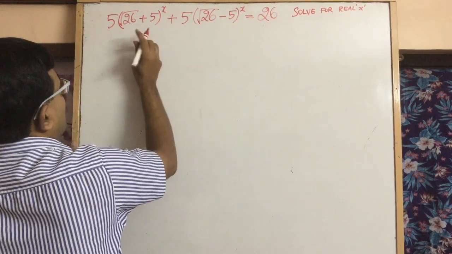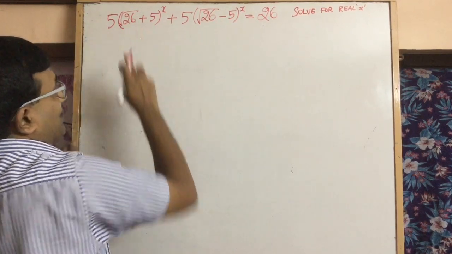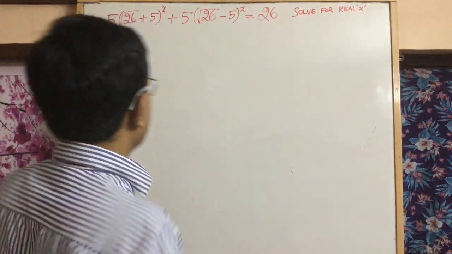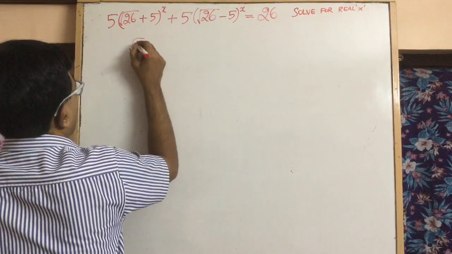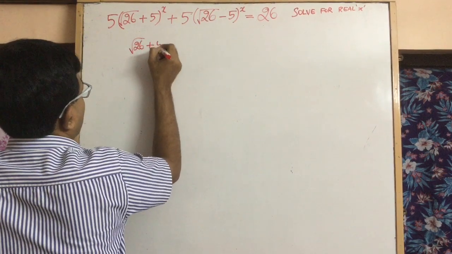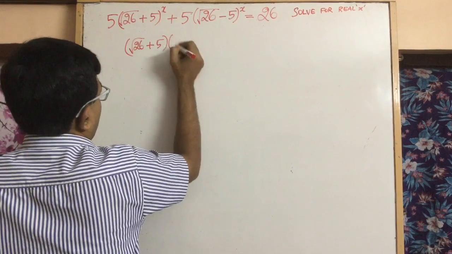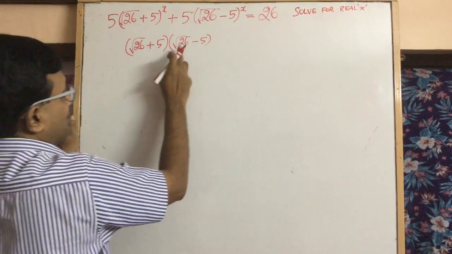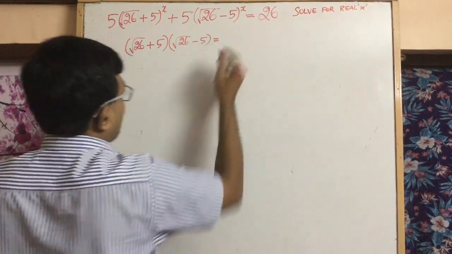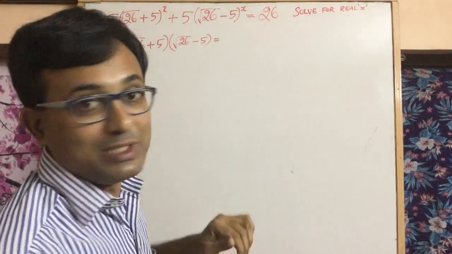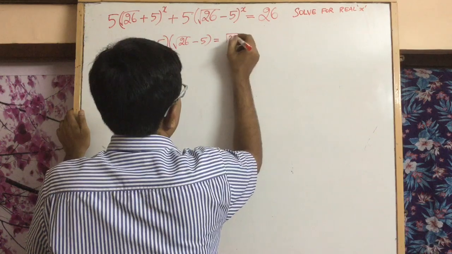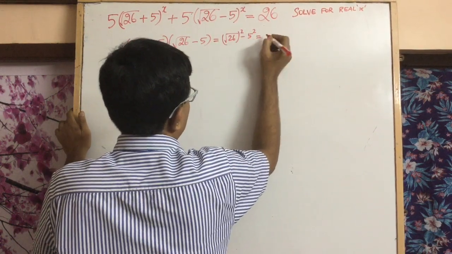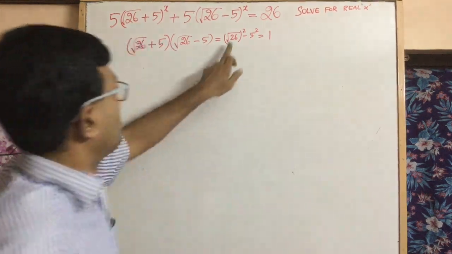Now, we notice that square root of 26 plus 5 and square root of 26 minus 5 are conjugates, which means that if you multiply them, it is in the form a plus b into a minus b. So that is a squared minus b squared, which is root 26 the whole squared minus 5 squared, which is just 1, because this is 26 minus 25.